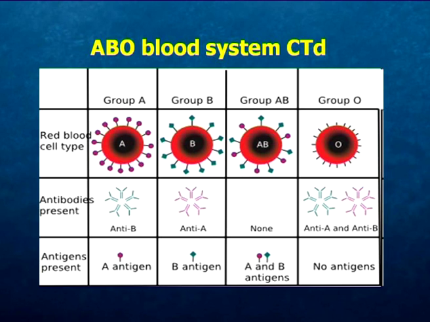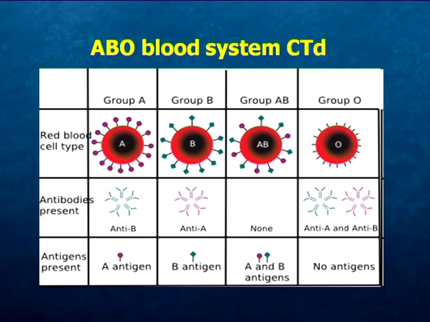Both antibodies are present in the O group. So O group people have no antigens on their RBCs, neither A nor B, but their plasma possesses anti-A and anti-B antibodies.